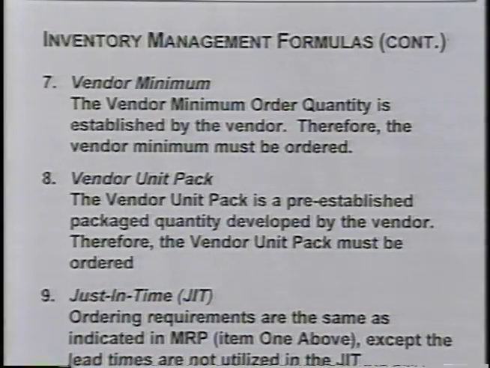Now moving to page 10C, continuing with our different inventory management formulas, the vendor minimum, as I indicated earlier, is established by the supplier. The vendor unit pack is likewise established by the supplier in item number 8. And for those of you that have an inkling toward JIT, in the last few pages of this section, we address the characteristics that must be in place to institute a JIT program.